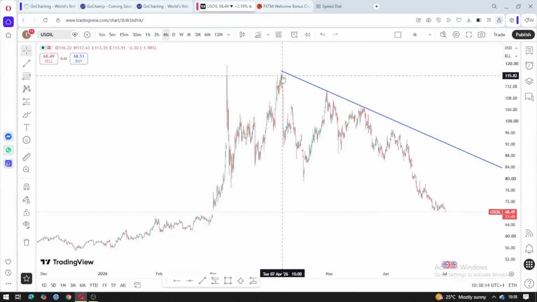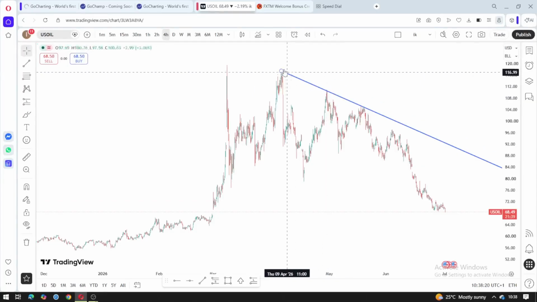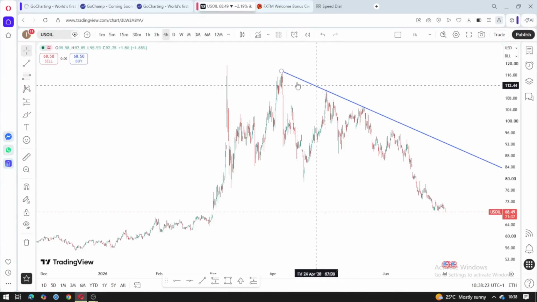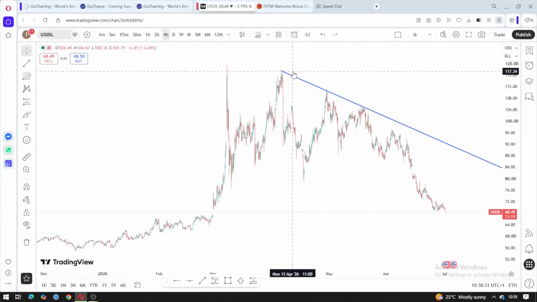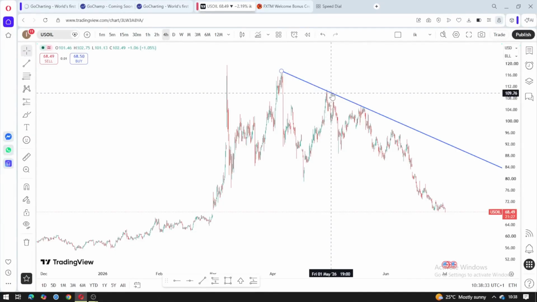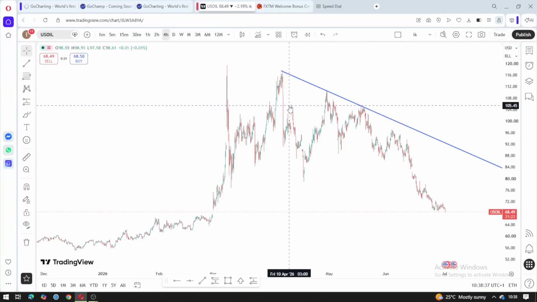Remember, you did not do anything until you saw this, and then you saw this. That is when you took the trend line. After you placed the trend line on these two, all this side had not formed, just this had formed. After placing the trend line, you now saw this high here.